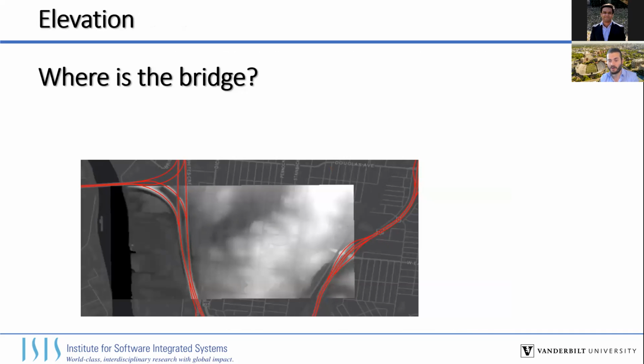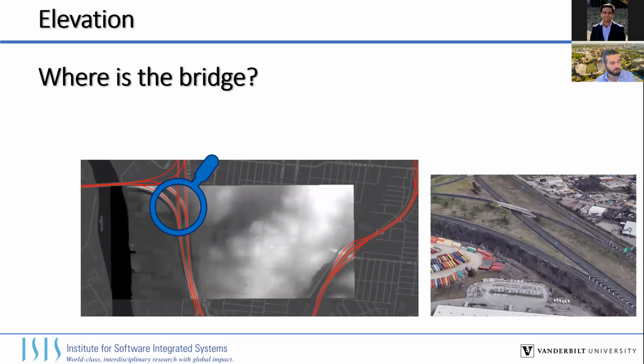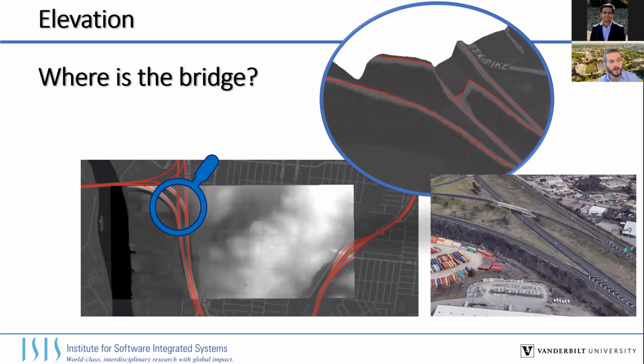This one is about elevation. We believe one of the important features in accidents can be the elevation changes in the roadways. For example, here you see a bridge. On the left, you see it from the map, and on the right, you see a 3-dimensional picture. But when we collect the data from elevation resources, for example, USGS or the Google Maps Elevation API, this is what you see.